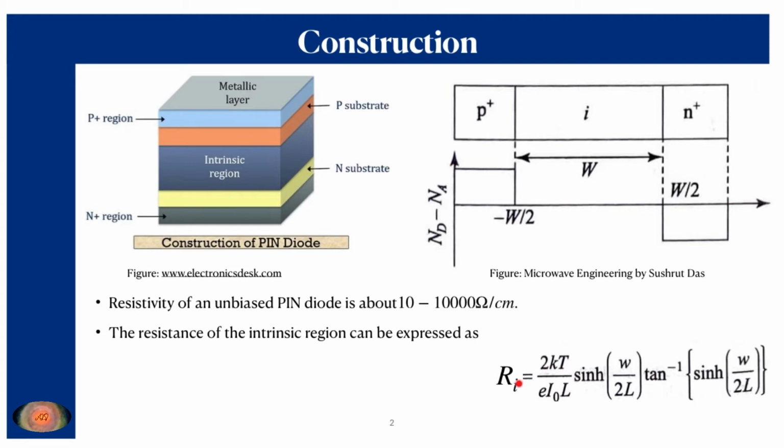Here the resistance associated with this intrinsic region depends on this current I naught, which is the bias current. From this expression, it is clear that as bias current increases, the resistance within the intrinsic region decreases, and when the bias current decreases, the resistance increases.